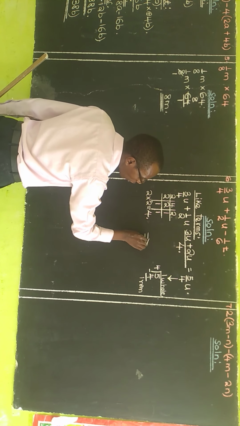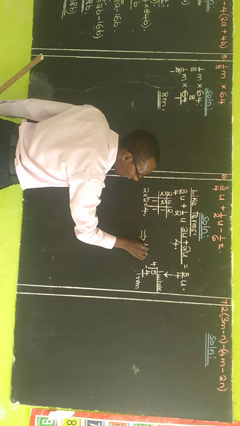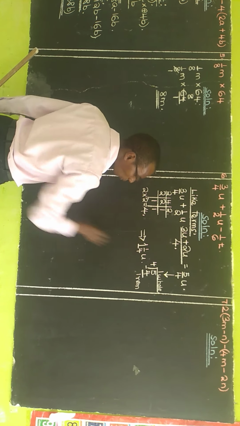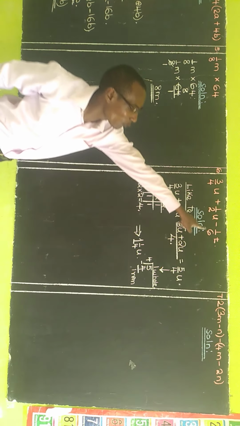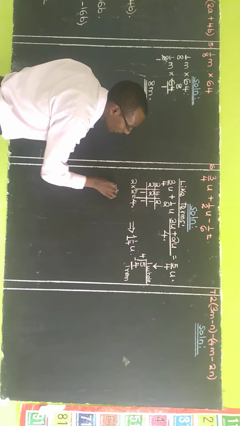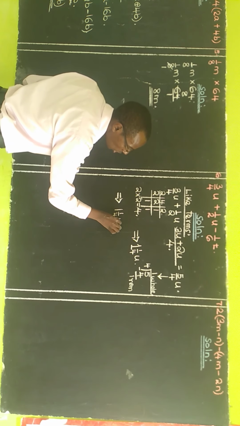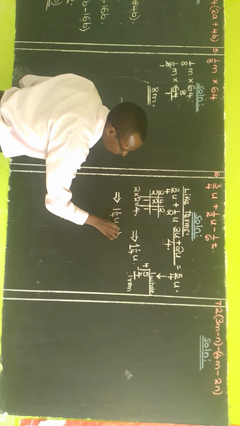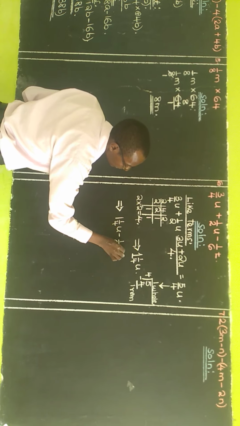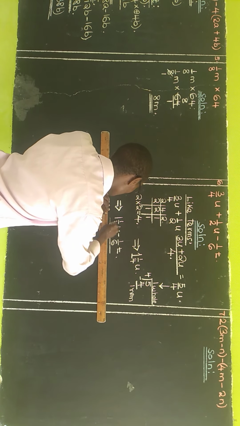So the result gives you one whole number and then 1 over 4u. Because we only have 1t, which is 1 over 6, our final answer now will be 1 1/4 u minus 1 over 6 t. And that is our final answer.